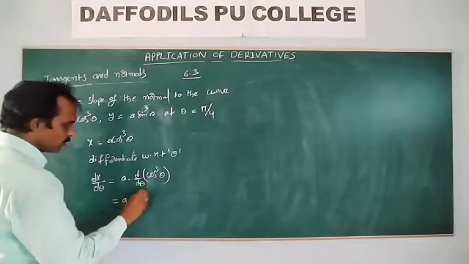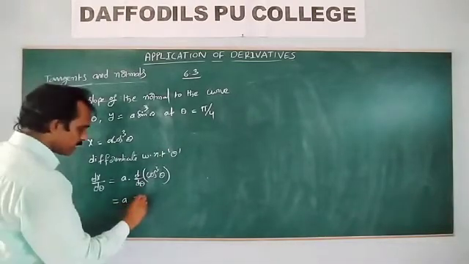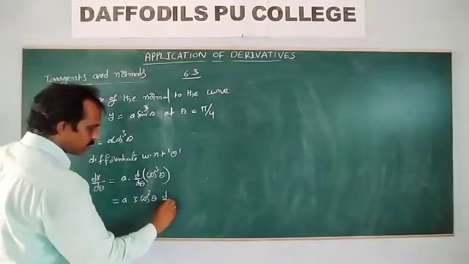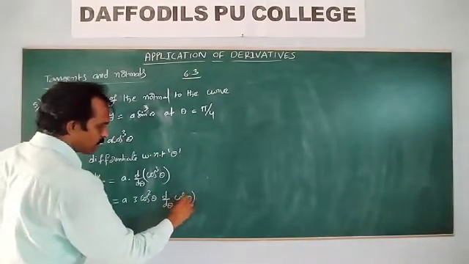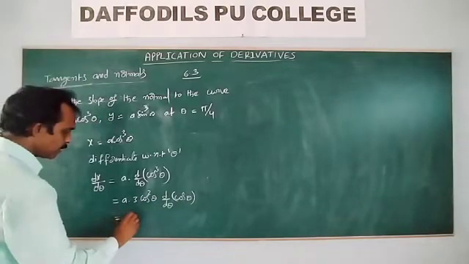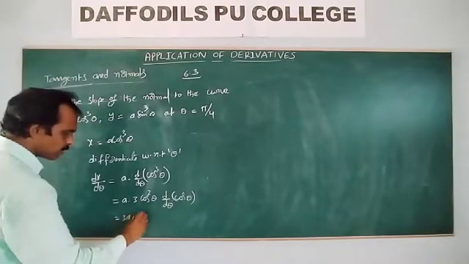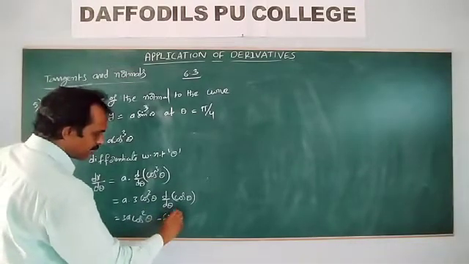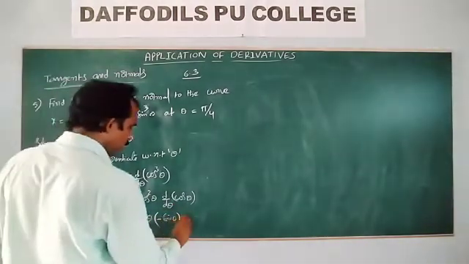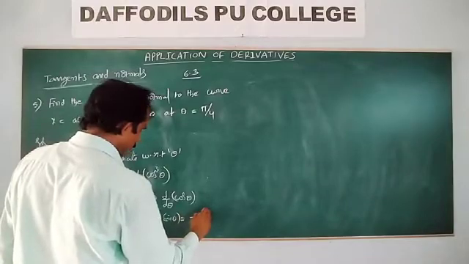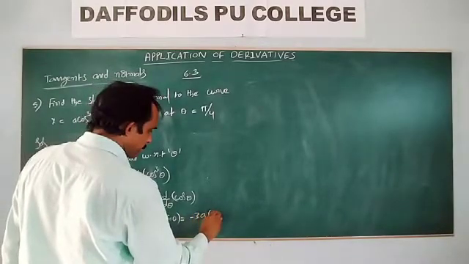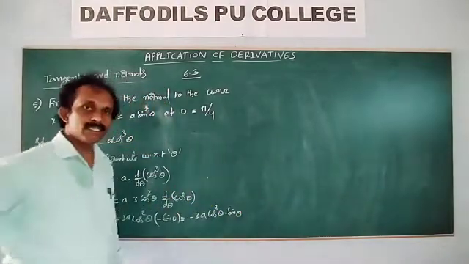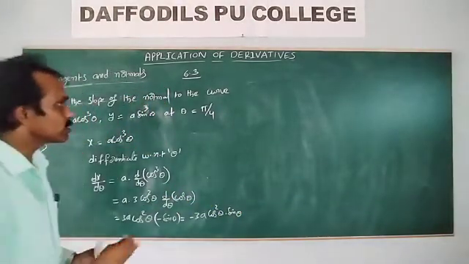Therefore, a into exponent formula 3 into cos square theta, and the derivative of cos theta is minus sin theta. So finally this value is equal to minus 3a cos square theta into sin theta.